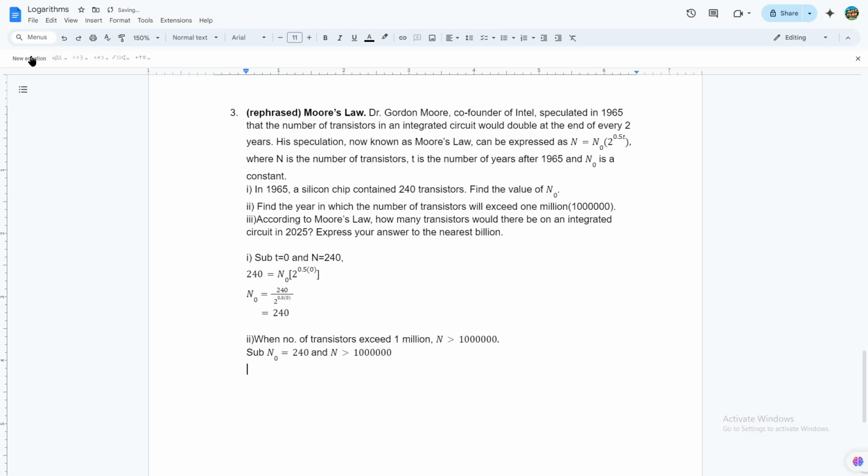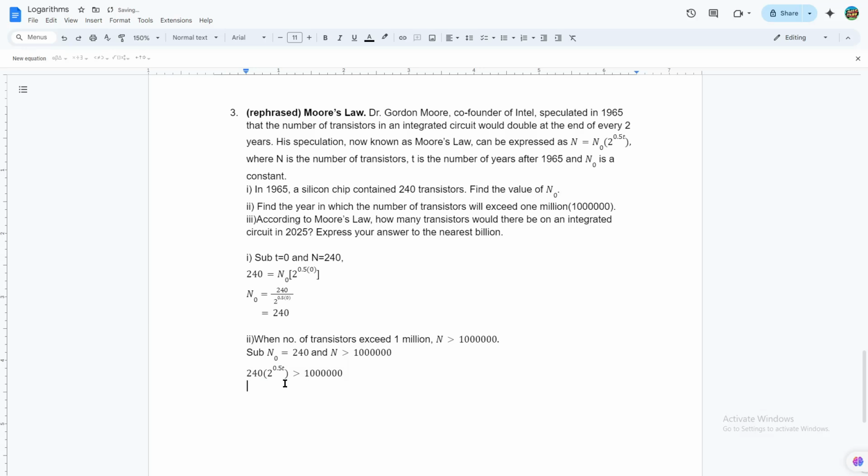So this will be an inequality with 240 times 2 to the power of 0.5t greater than 1 million.